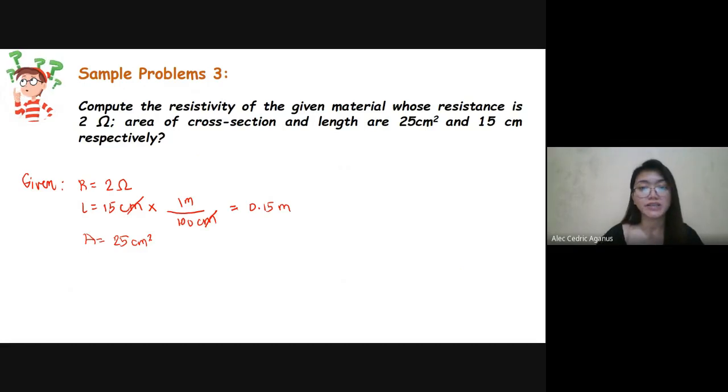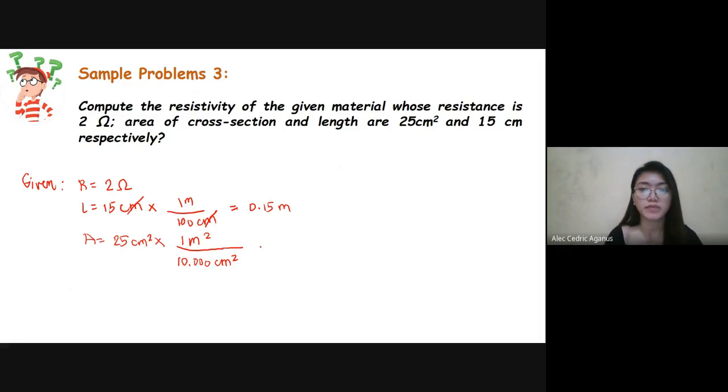So 1 squared meter is equal to 100 times 100, that is 10,000 squared centimeters.